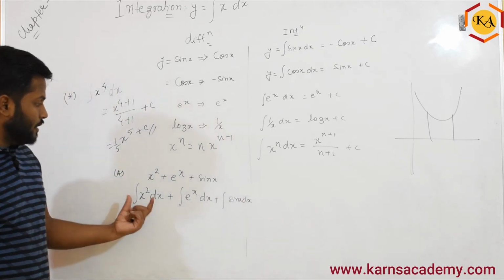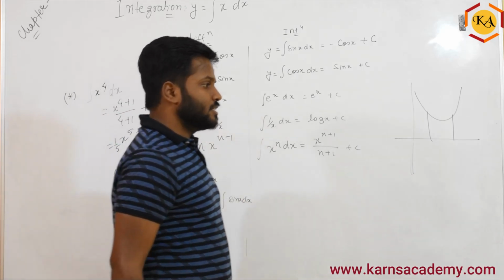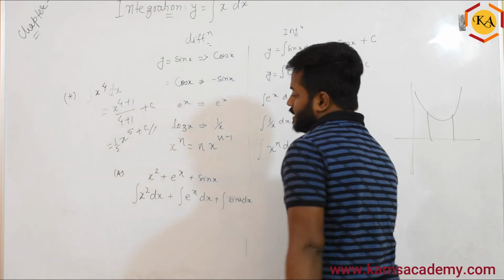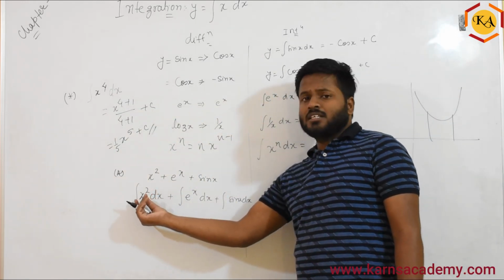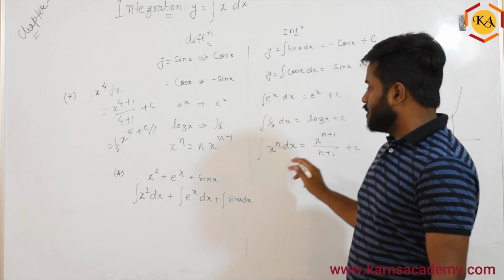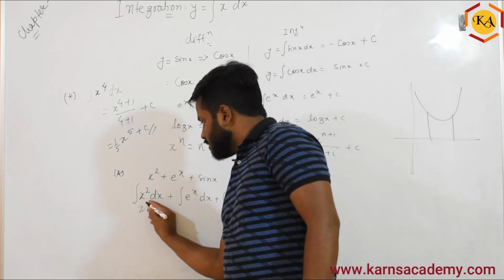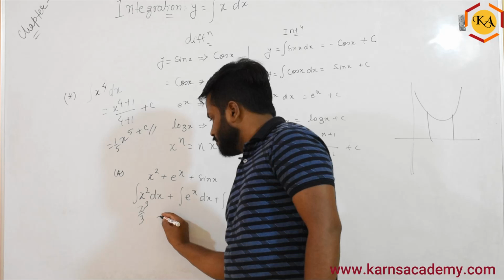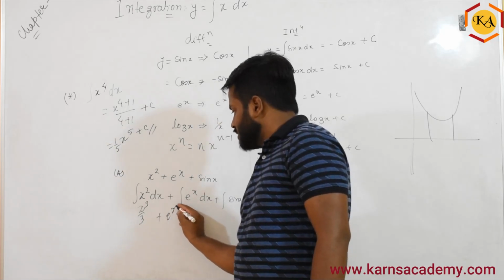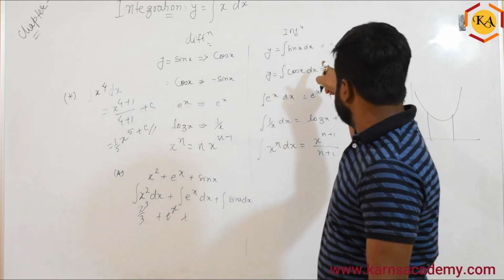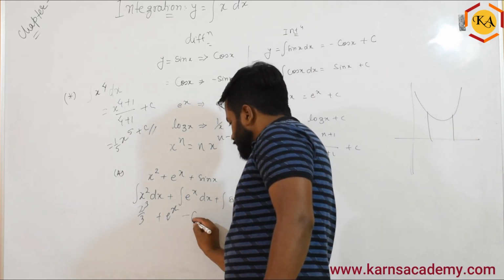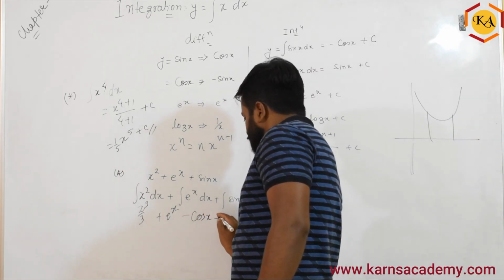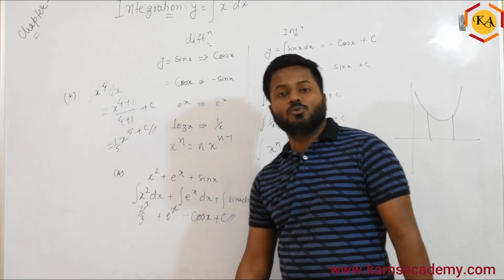This is how we do the separation of the function, and then at last we find the integration. x square, with n plus 1, will become x cube by 3, plus e power x will be as it is, plus sin x will be minus cos x. At last you will add one c.